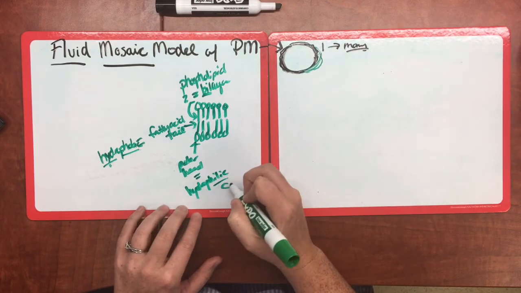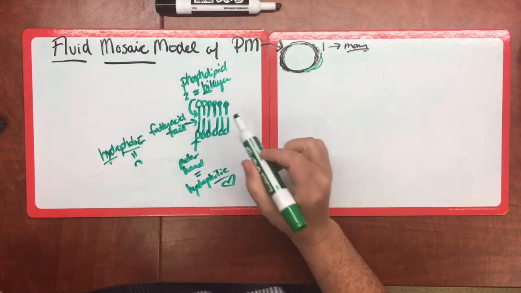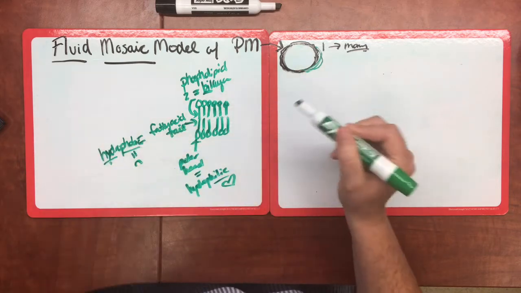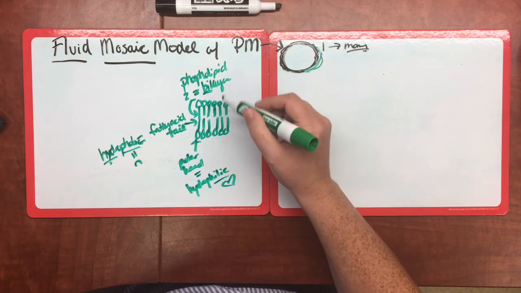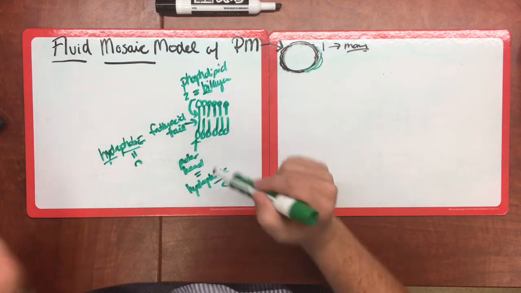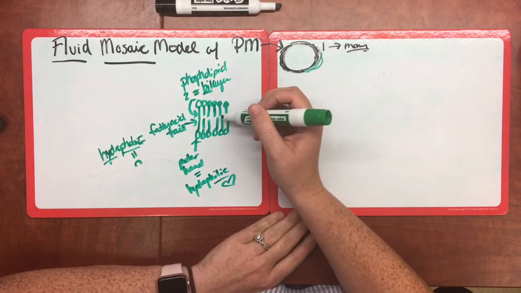Philic or water loving, okay? So this is water hating, water loving. And this gives us a really good setup to be a protective layer. So we only allow certain things to come inside depending on if they're hydrophobic or hydrophilic or they're polar components, okay? And so this forms the phospholipid bilayer.